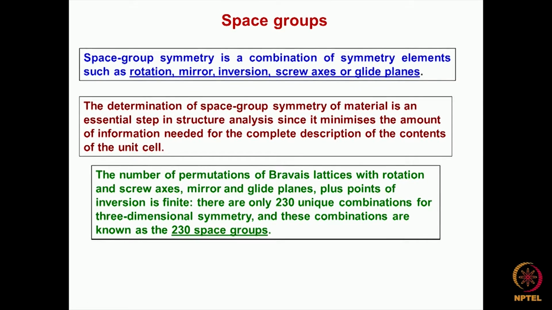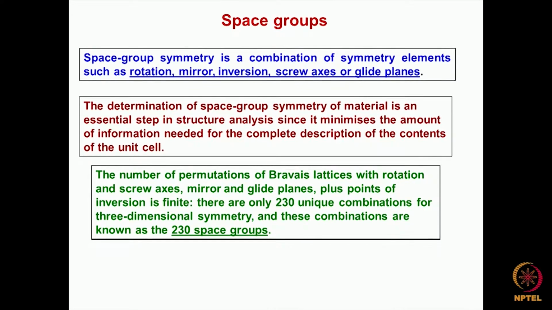Then I mentioned also about space groups. What is a space group? A space group is nothing but a combination of various point group symmetry operations, alone or together. Then if they act on different lattice points, what types of symmetries are generated?